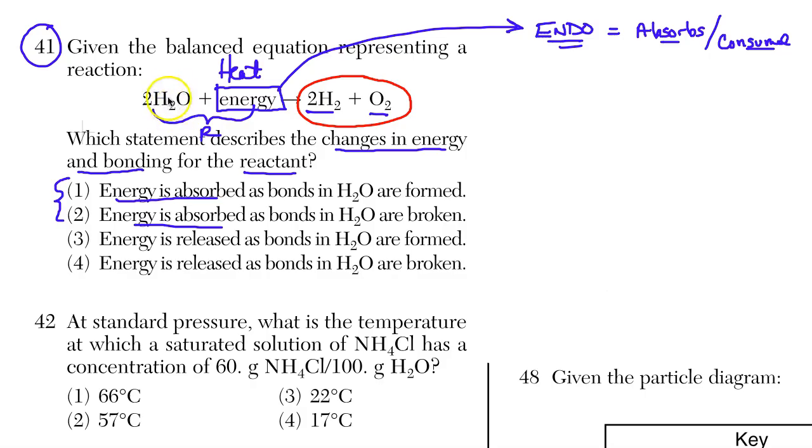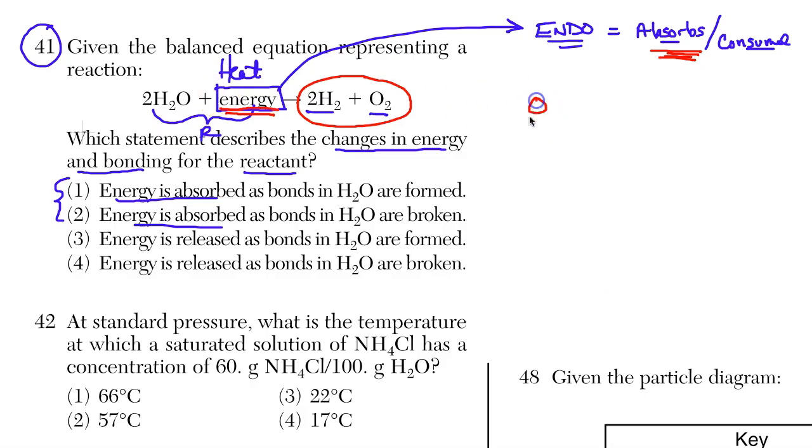And we should know that to break bonds, we always need energy. This is not a great problem, but it's understandable that we can figure it out, because the energy is on the reactant side, it's endothermic, which equals absorbing energy. The reason why it's not a great problem is because of the changes of bonding.